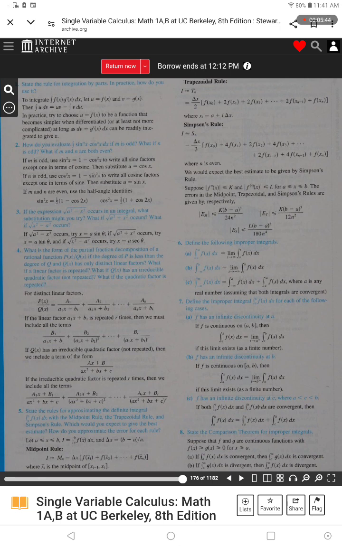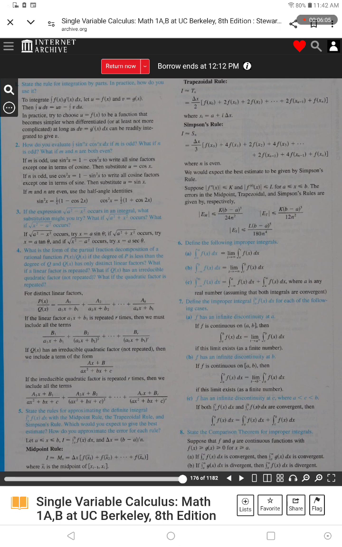Define the following improper integrals. The integral from a to infinity of f of x dx equals the limit as t approaches infinity of the integral from a to t of f of x dx.